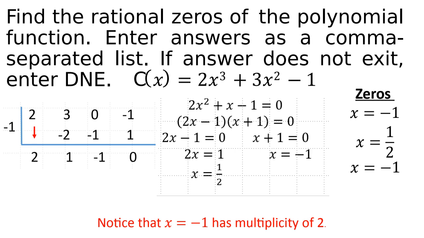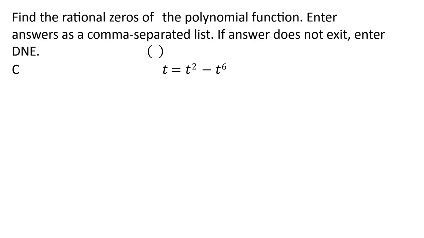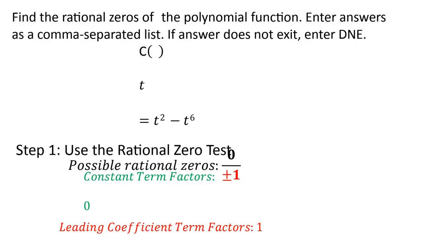All right, so for this one, we have another example. Find the rational zeros of the polynomial function. We have two ways to solve this. One, of course, is to use the rational zero test, but if you notice, my function doesn't have any constant.